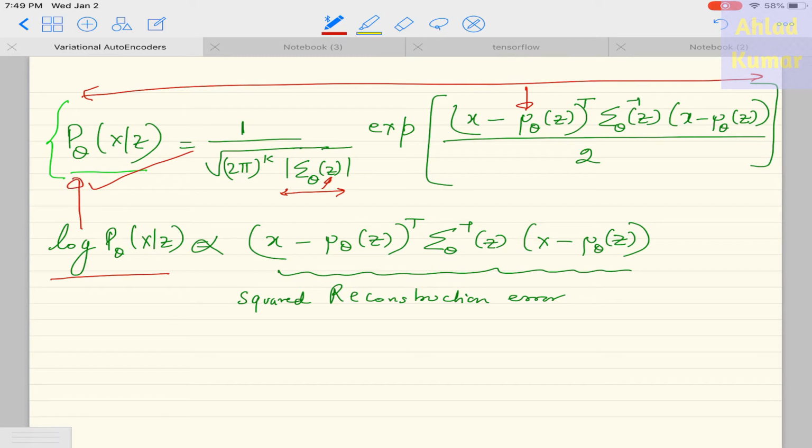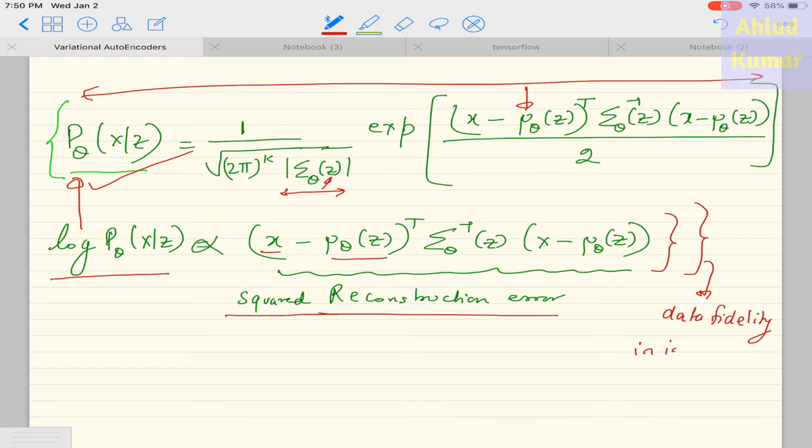Once you take the log of this expression, you will get a proportional term given by this. This is a reconstruction error between x and the mean of z, basically a squared reconstruction error. This squared reconstruction error is also known as the data fidelity term in inverse problems. It tells how far your reconstructed data, that is x hat, is from the input data.